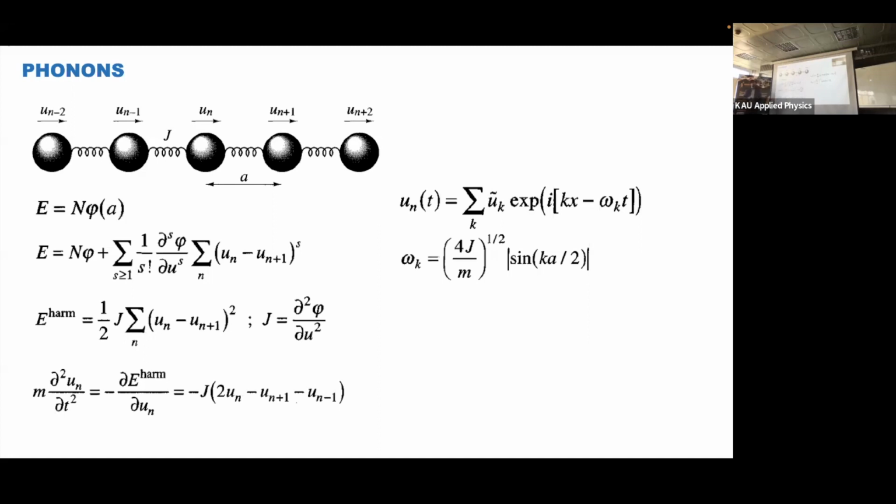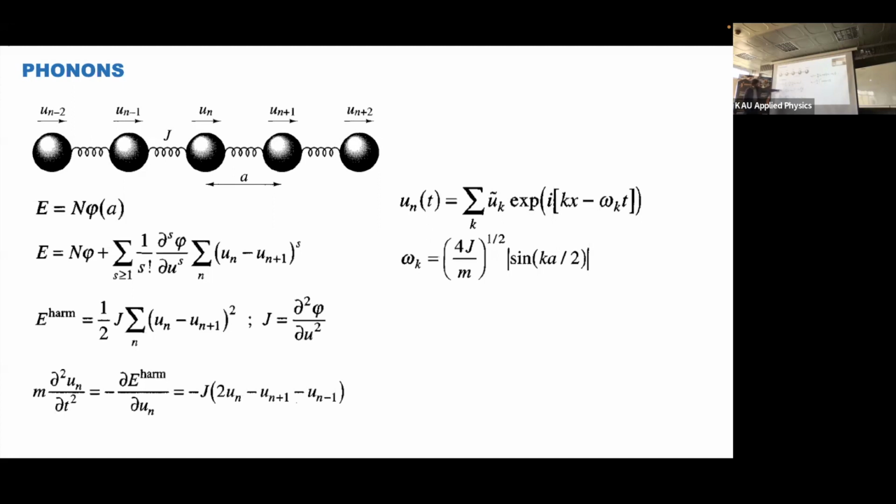Then we use just Newton's equation, m times acceleration, the second derivative of the coordinate. This will be, by default, the partial derivative of energy by coordinate.